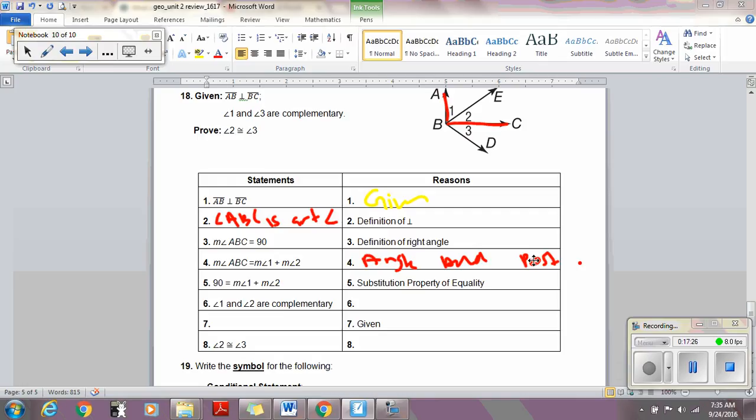When you have two small angles making up one large angle, it's always angle addition. And then you notice that ABC was replaced with 90 in statement 4, so that's why it's the substitution property.